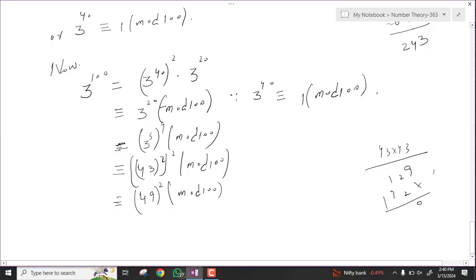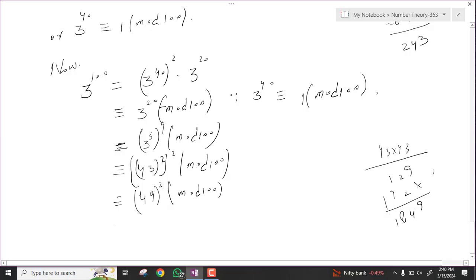So this is 1849. Under modulo 100 the remainder will be 49. So 43 squared is congruent to 49 under modulo 100.